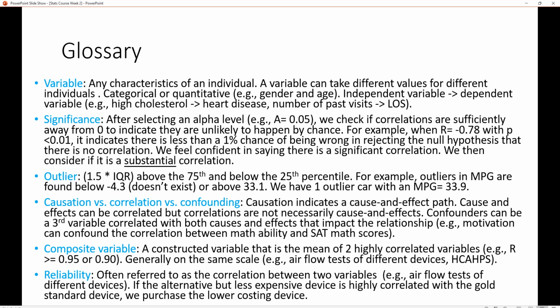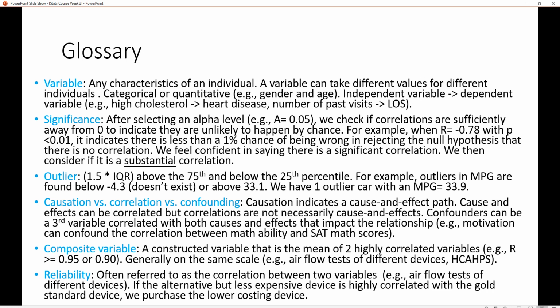The next term is significance. After selecting an alpha level, for example, 0.05, we check if correlations are sufficiently away from 0 to indicate they are unlikely to happen by chance.